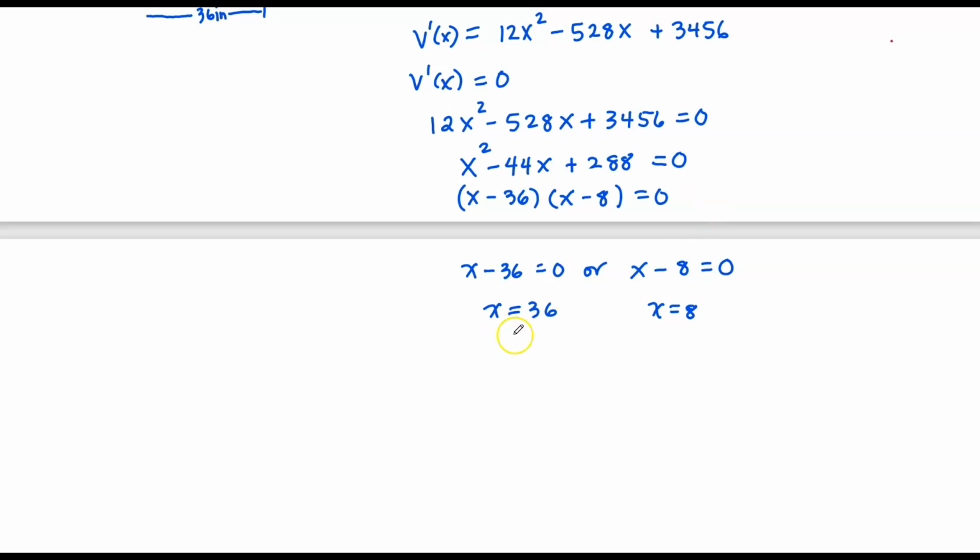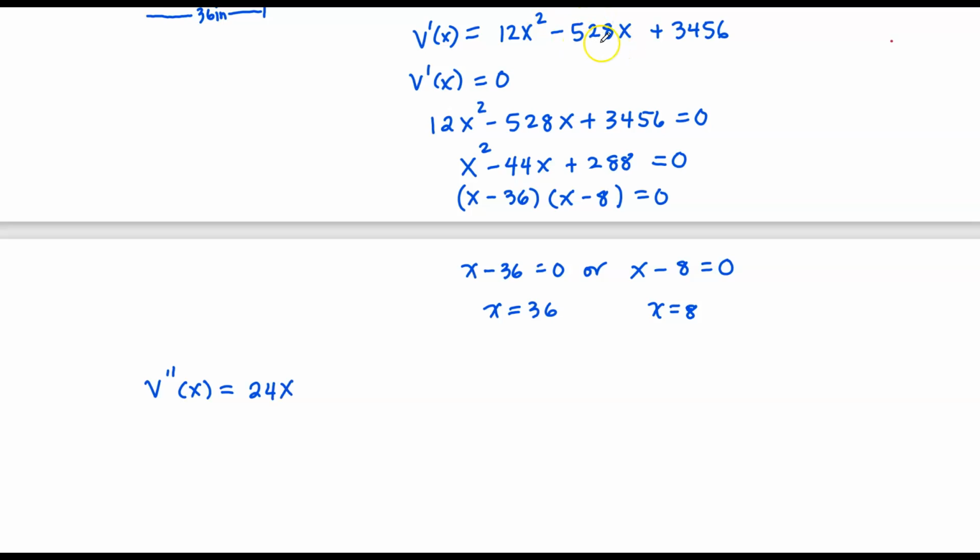Now, to know which one gives you the maximum volume, you will need to use the second derivative test. So let's find the second derivative of the volume. This is the first derivative of the volume, so take the derivative of the first derivative. That's your second derivative. The derivative of 12x squared is 24x.